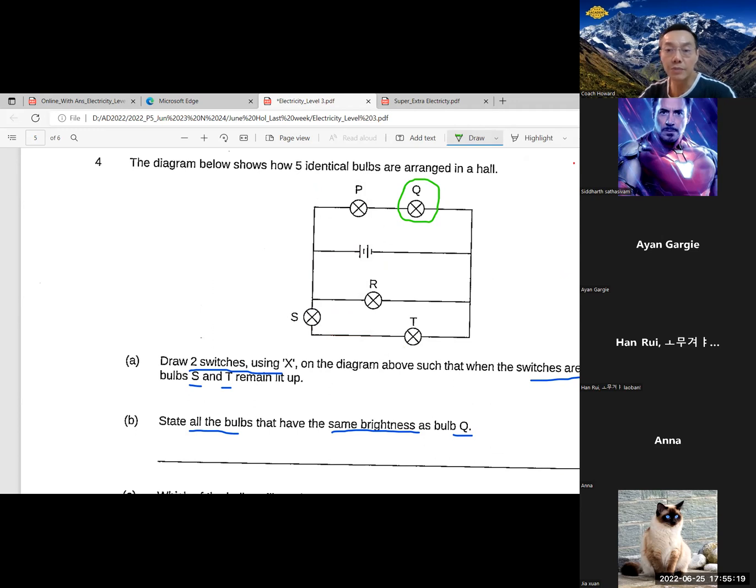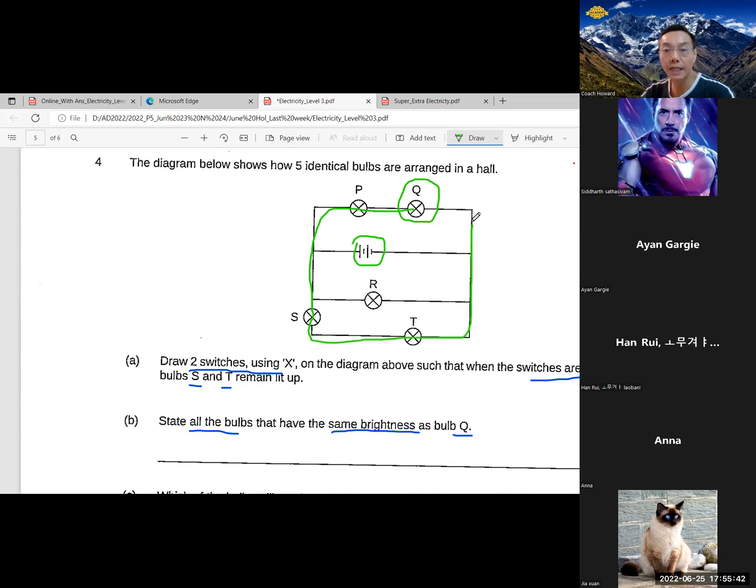Now you assume there's no switch here, because that means the whole thing is a closed circuit. The power source is here. So can you see Q, P, S, and T?